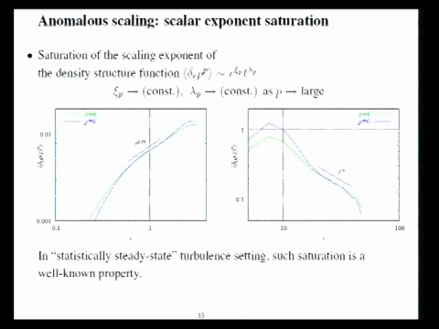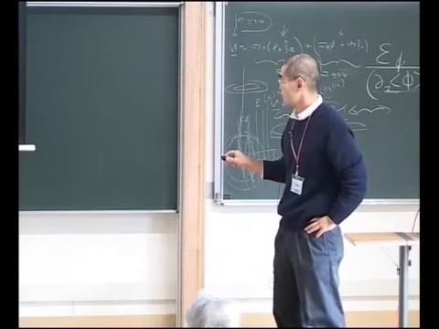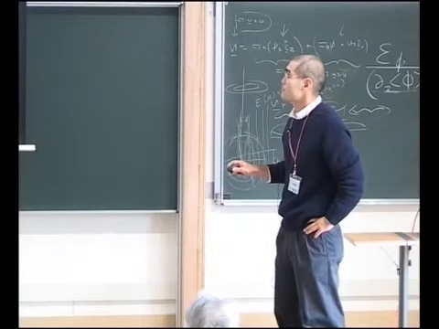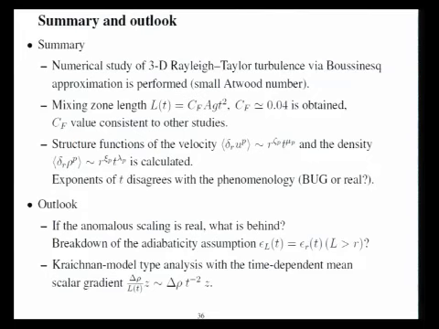As the order goes large, the exponent seems to converge to some constant. And in statistically steady state turbulence, such saturation for the passive scalar problem is quite well known. So I think such saturation behavior is there in time-dependent scalar turbulence.